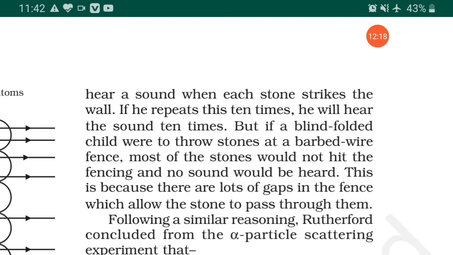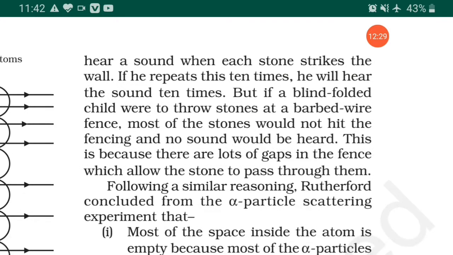But if a blindfolded child were to throw stones at a barbed wire fence, most of the stones would not hit the fencing and no sound would be heard. This is because there are lots of gaps in the fence which allow the stones to pass through.